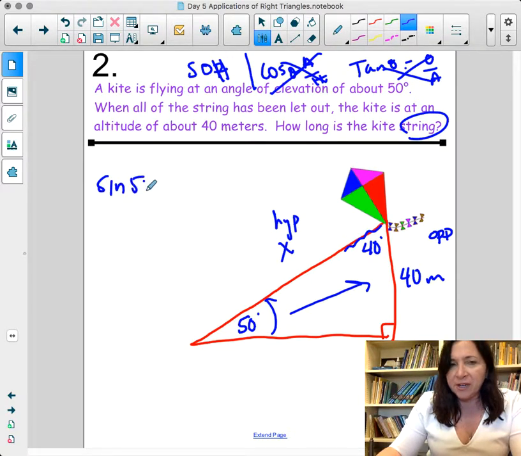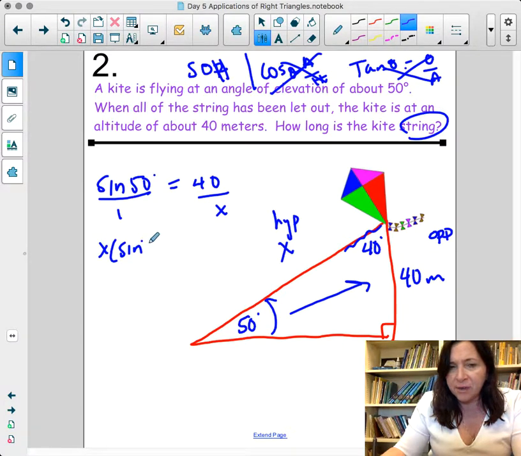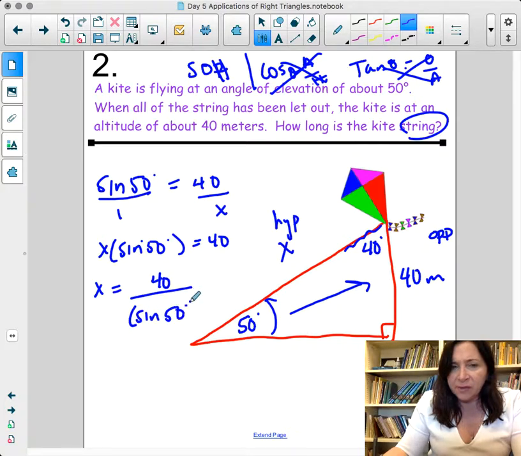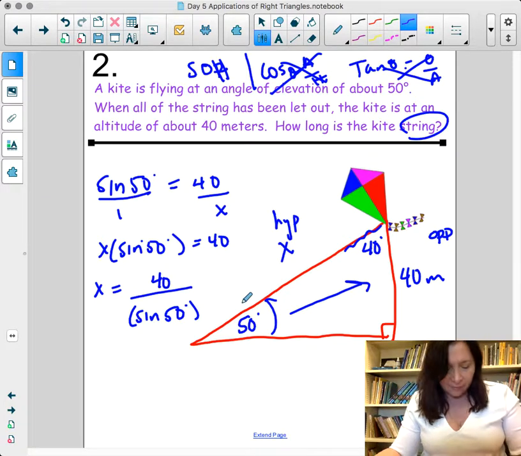So sine of 50 degrees is equal to the opposite side over the hypotenuse. I'm going to cross multiply, and I'm going to get x times sine of 50 degrees is equal to 40. Then x is equal to 40 divided by sine of 50 degrees. So we're going to say 40 divided by, I'm going to use parentheses on my calculator, sine of 50 degrees.